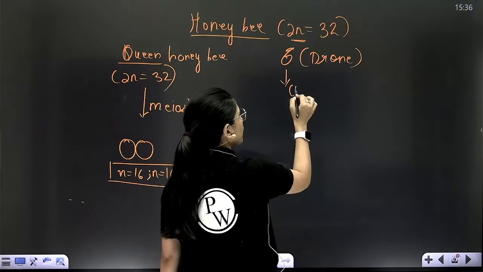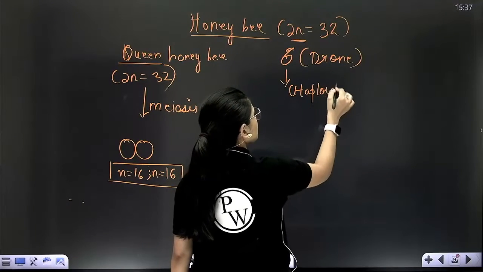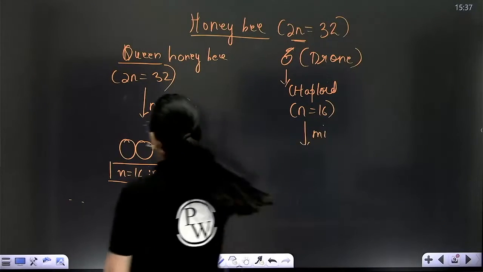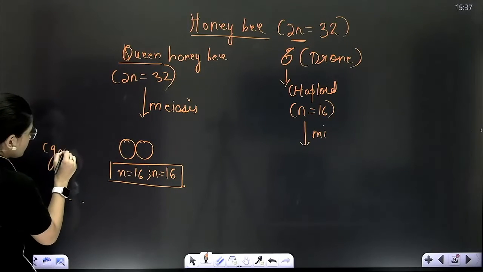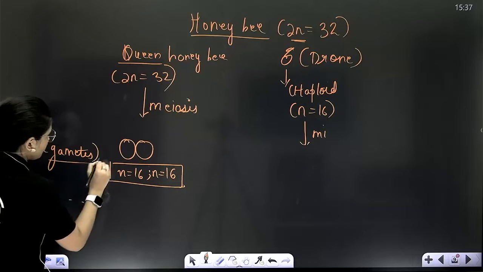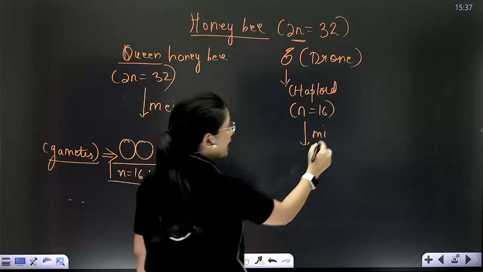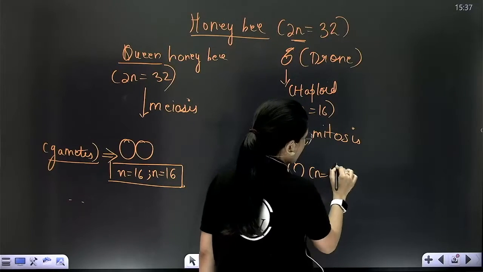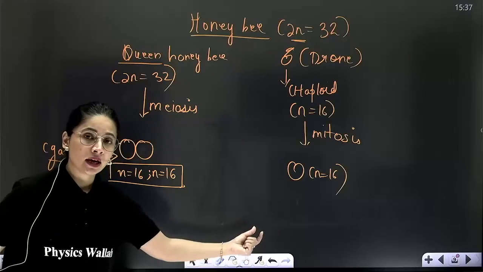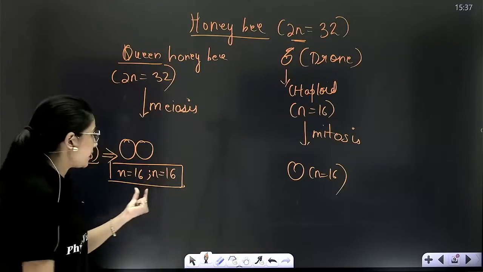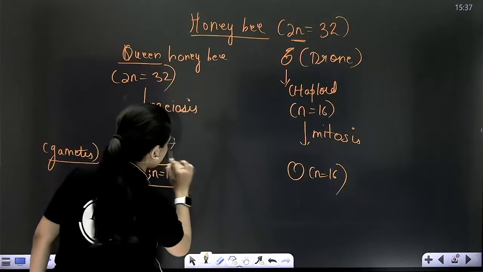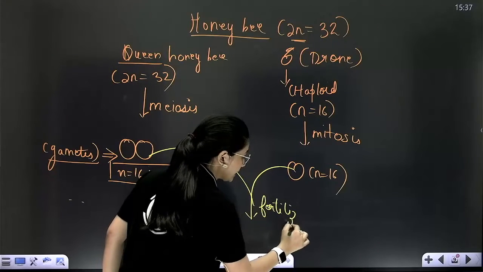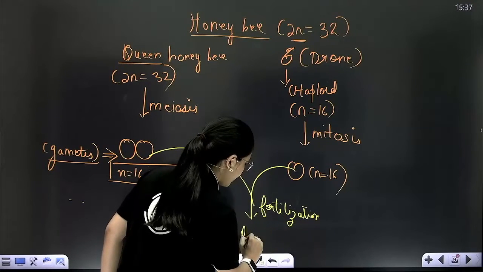I told you they are haploid organisms, so their gametes are going to develop by mitosis. Now, the haploid cell from the male and the haploid cell from the female are going to fertilize. When fertilization takes place, the resultant is always a female child.